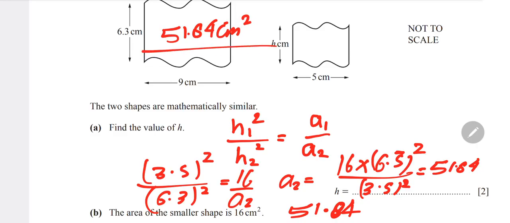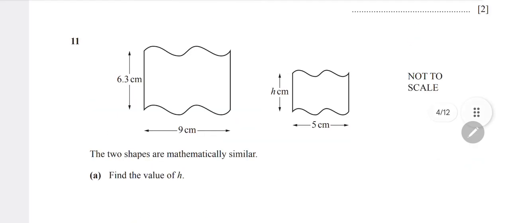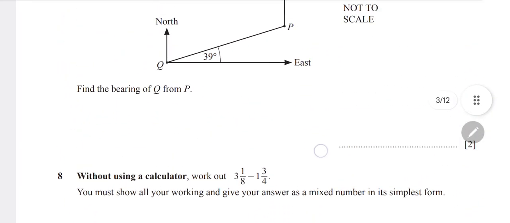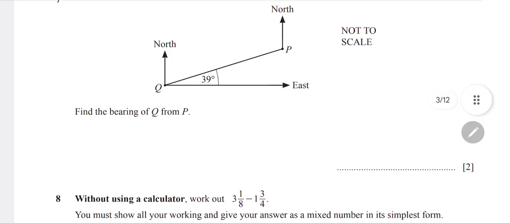Done. Before moving to the next question, I think we did something wrong in question number 7. I will explain it again, because I promised not to make any mistake. In this question, we need to find the bearing. We directly found this angle, 51. Remember, when we find the bearing from this one, we need to find this entire value.